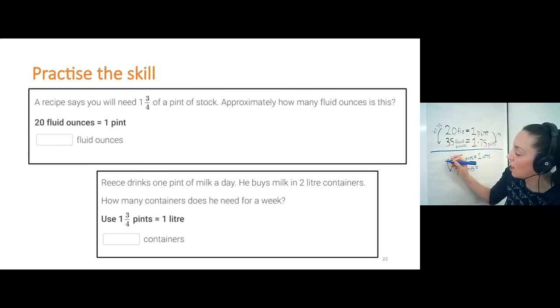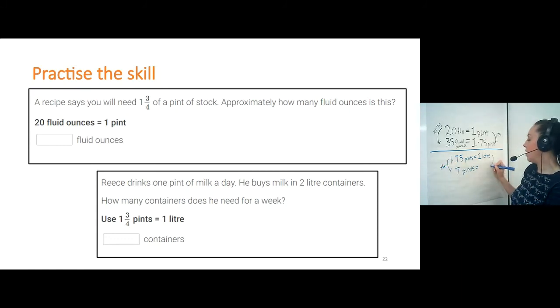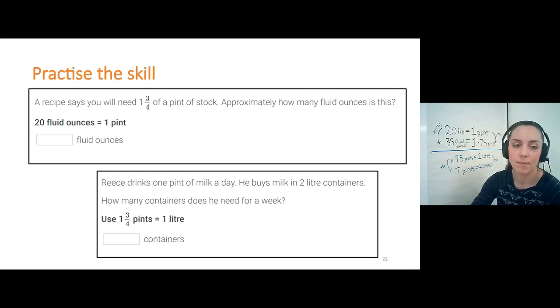It is 4 times bigger. So we'll make this side 4 times bigger as well, which means he drinks 4 litres a week. So if he buys milk in 2-litre containers, how many containers will he need? 2. Perfect.